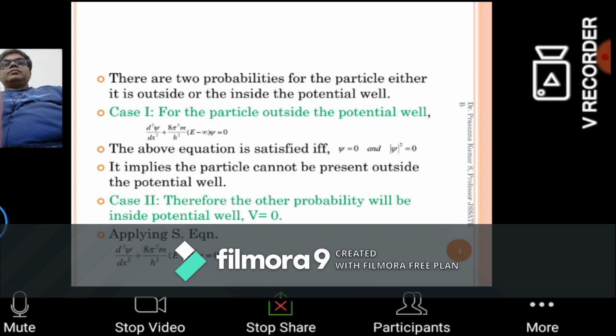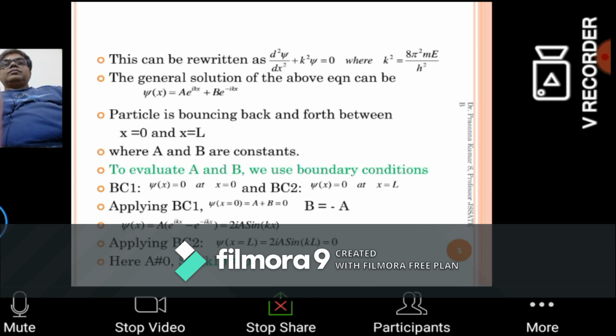Therefore, again you apply the Schrodinger's time independent wave equation, that is d square psi by dx square plus 8 pi square m by h square (E minus 0) psi equals 0. Here V is 0 since the particle is stuck to the atom, that is bound to the system. This is the Schrodinger's equation for a particle that is bound.